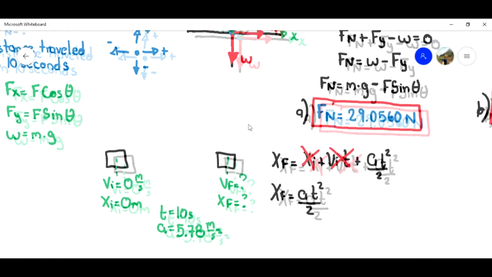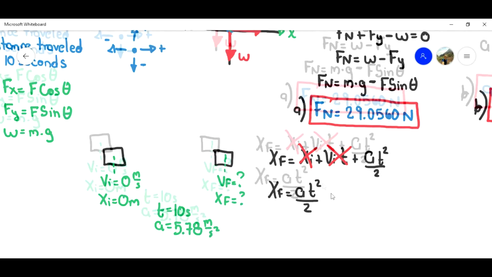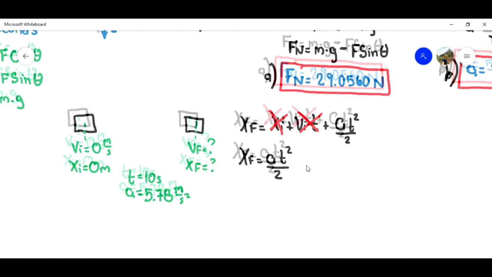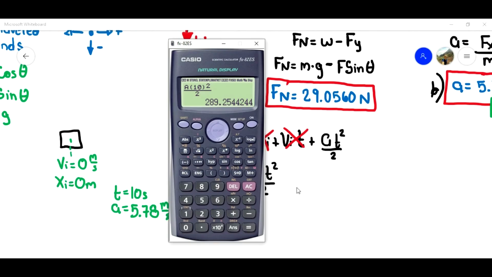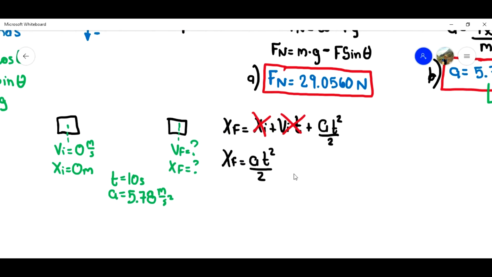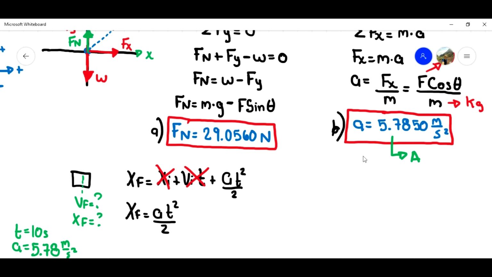My God, that's a lot of distance in 10 seconds. I need to tell you that it has to be a really superhero or super powerful person, and it's obvious that I just made this problem up because this acceleration is so big.